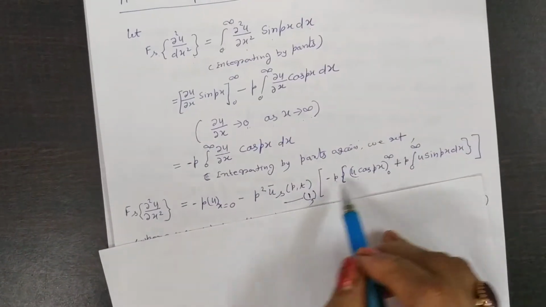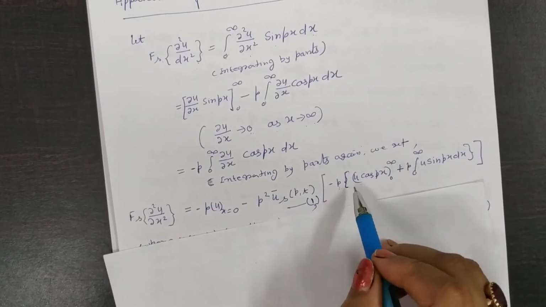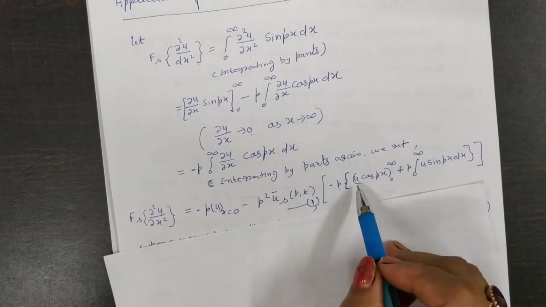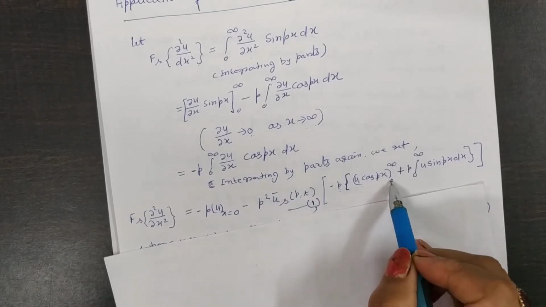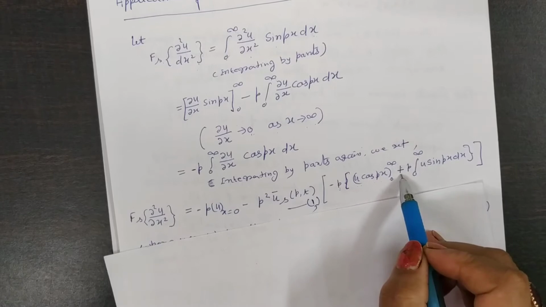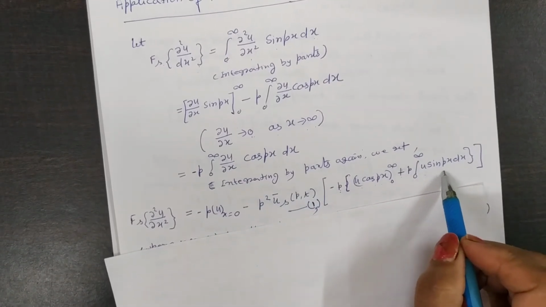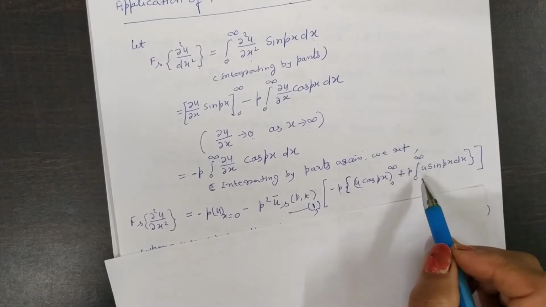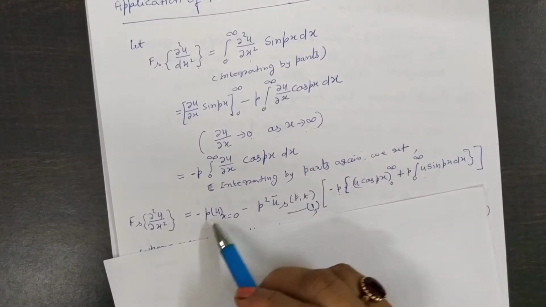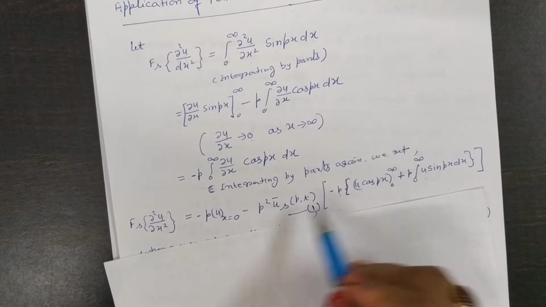Because we have earlier minus p, and if you integrate this, then u cos(px) from 0 to infinity plus p, and u sin(px). And actually here you see this is minus p times u at the point 0.